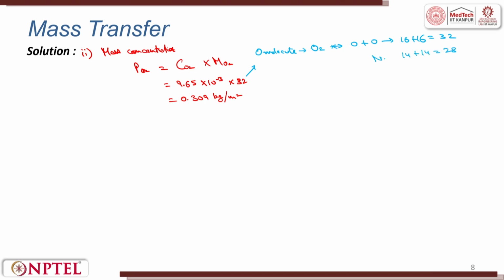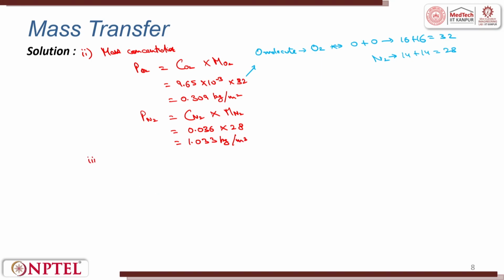Therefore, the mass concentration for nitrogen would be C for nitrogen times the molar mass. This is 0.036 into 28, which is equal to 1.033 kilograms per meter cube.